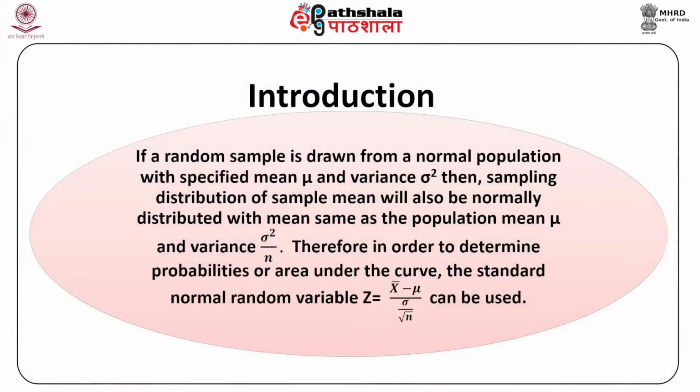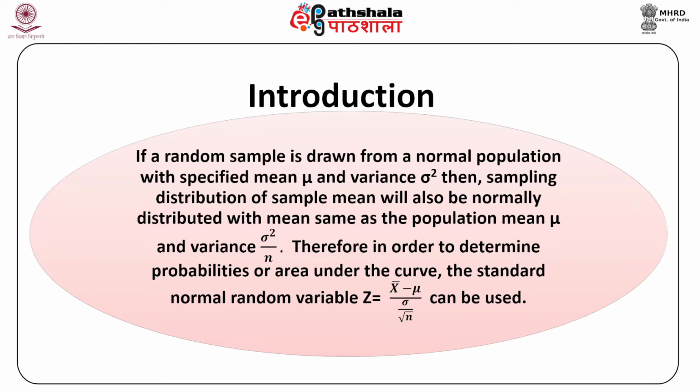In one of the earlier modules on Z distribution, we had learned in detail that if a random sample is drawn from a normal population with a specified mean mu and variance sigma square, then the sampling distribution of the sample mean will also be normally distributed with mean same as the population mean, which is mu, and variance sigma square by n.